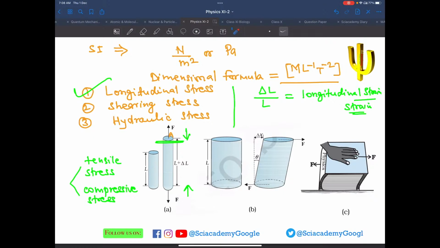and the restoring force per unit area developed due to the applied tangential force is known as tangential or shearing stress.